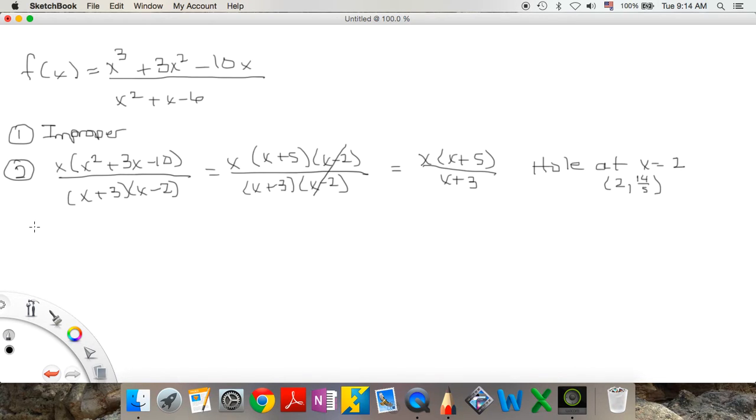So then we need to know if we have an asymptote. Now, the best way to find an asymptote is to take the rational function and make it proper. The way to make a function proper is with long division.